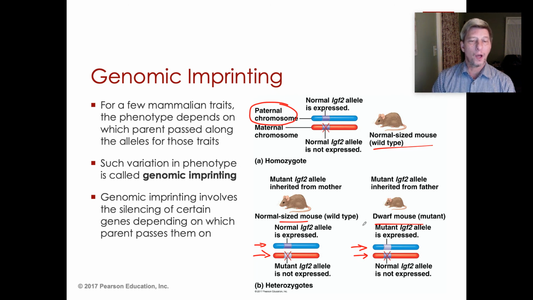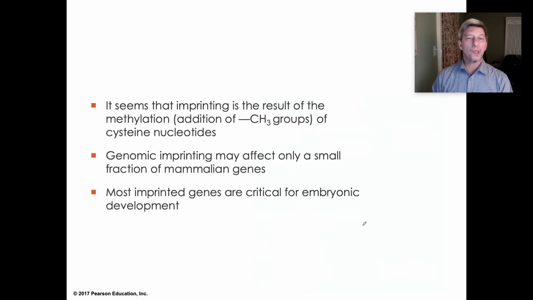So genomic imprinting involves silencing certain genes depending upon which parent passes them on. And in this example, of course, it's the mother's gene that is silenced. It seems that imprinting is the result of what we call methylation, which is when we take methyl groups, a carbon with 3 hydrogens, and bond it to cysteine nucleotides, the C in the DNA.